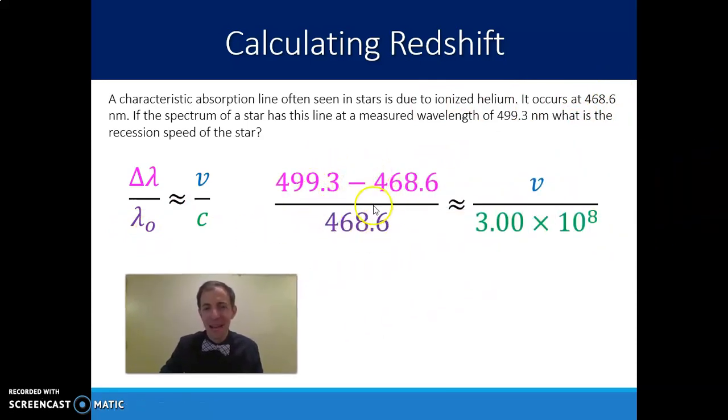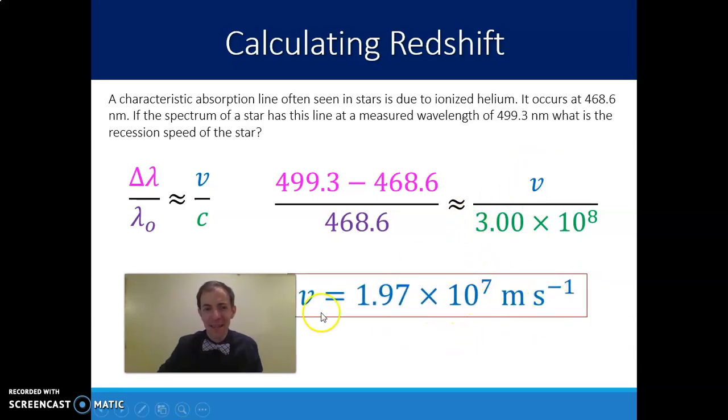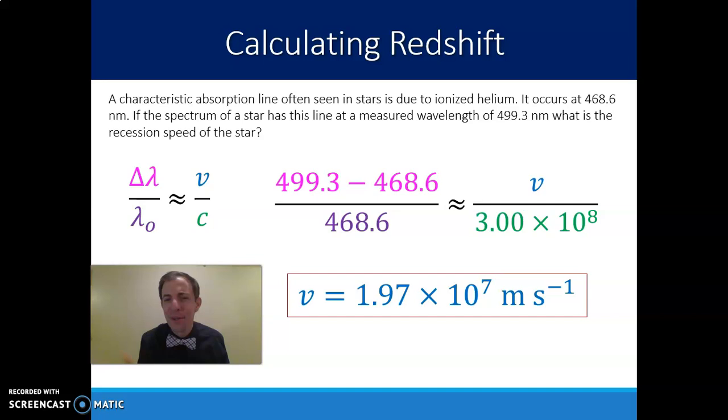So the difference divided by the wavelength that we would expect it to be is roughly equal to the speed that it is receding away over the speed of light. And that ends up being about 1.97 times 10 to the 7th meters per second. So very, very fast, not quite as fast as the speed of light.